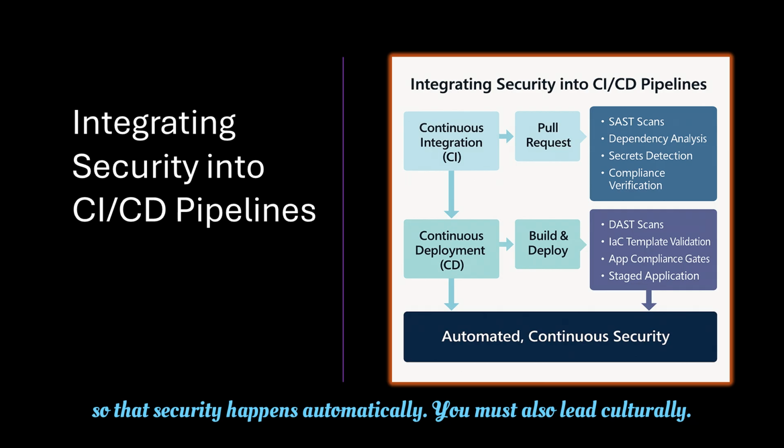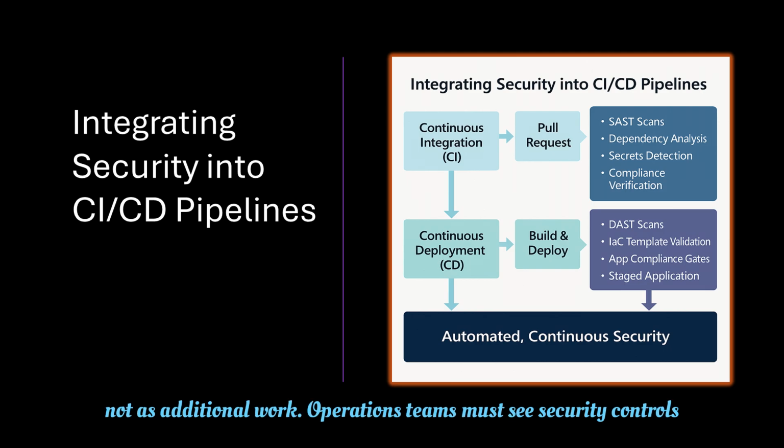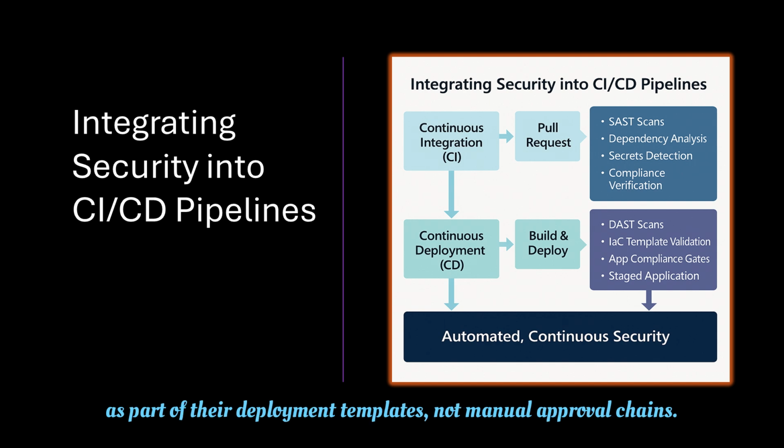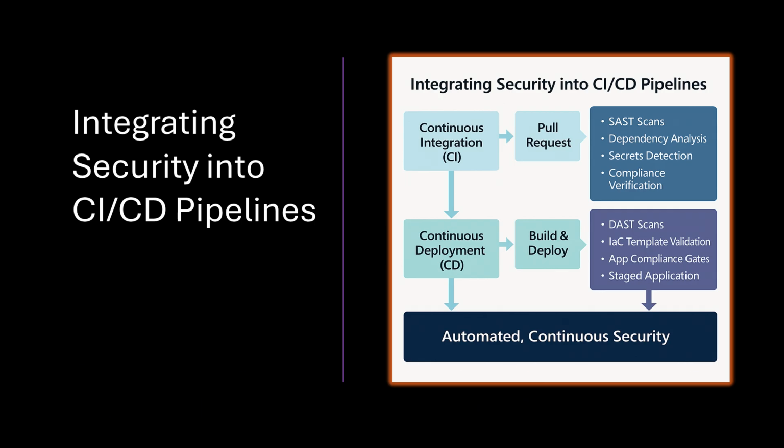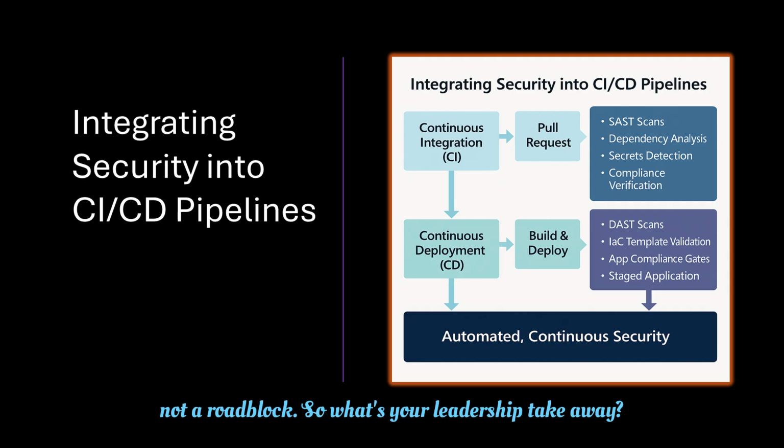You must also lead culturally. Developers need to see security feedback as part of their quality checks, not as additional work. Operations teams must see security controls as part of their deployment templates, not manual approval chains. By leading with automation and empathy, you make security a partner to innovation, not a roadblock.